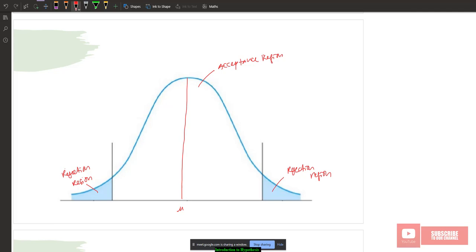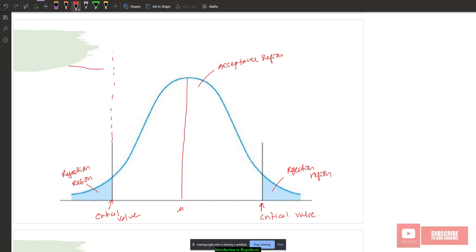The line that separates the acceptance region and the rejection region is what we call the critical value. This is the critical value.